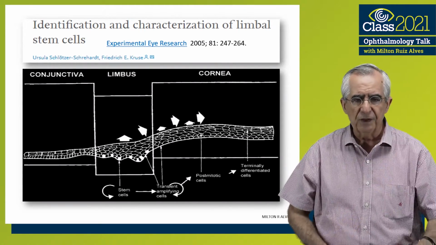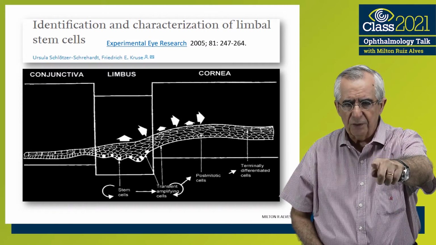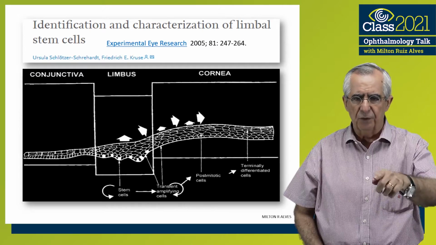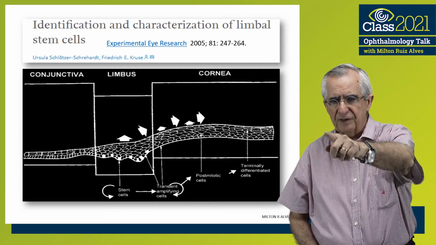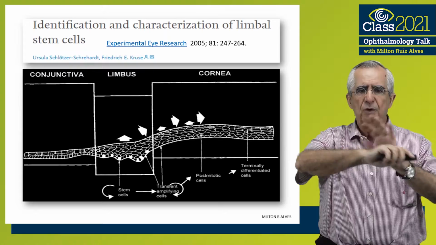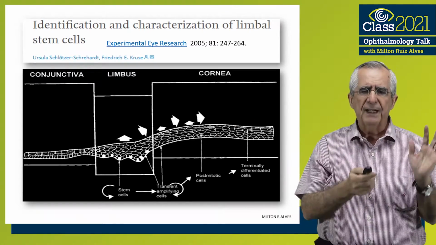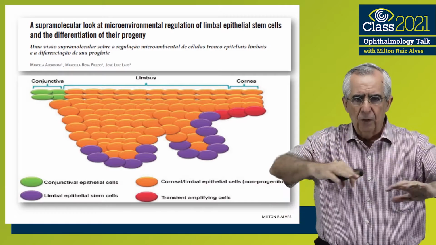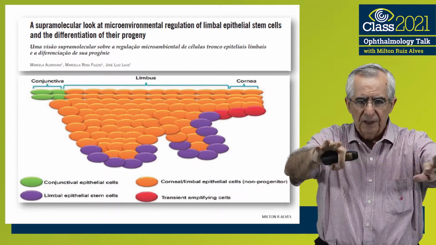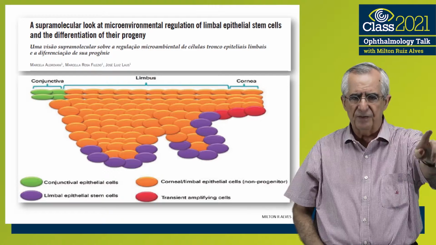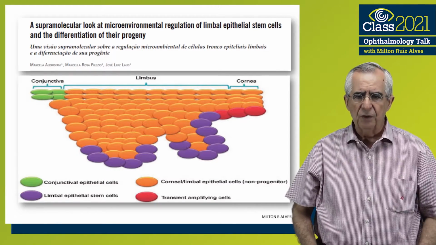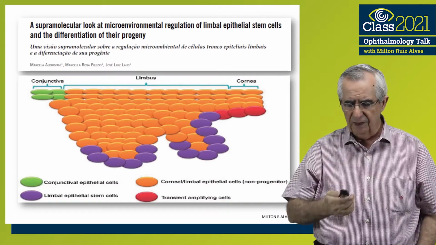Again, here we're looking at the stem cells, the transient amplifying cells, the postmitotic cells, the terminal transient cells, and desquamation. And we are seeing conjunctival cells in green, stem cells in blue, and transient terminal cells in the conjunctiva.